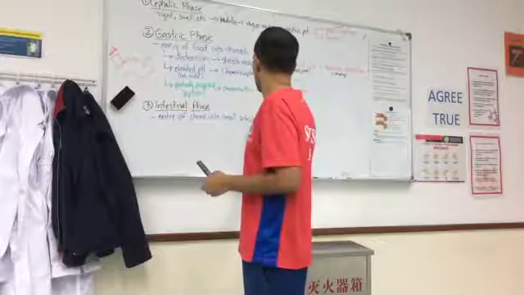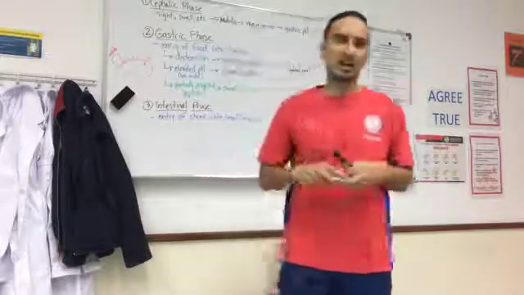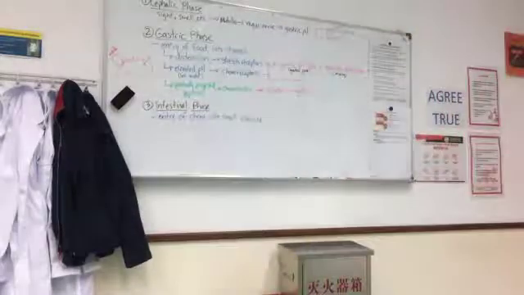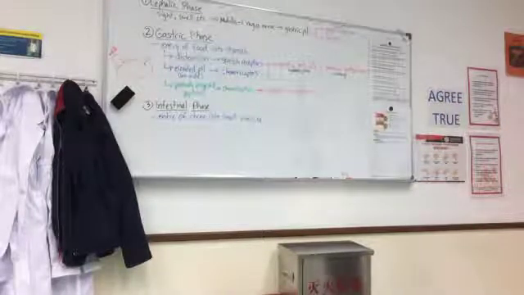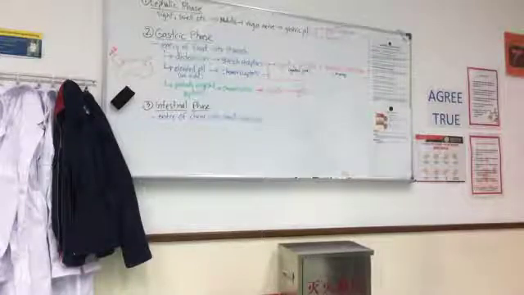It's chyme, not chime. It's what the food is called after the stomach. So that's food, then you chew it, then it's a bolus, then it goes to the stomach, then it's chyme, then it's feces at the end.